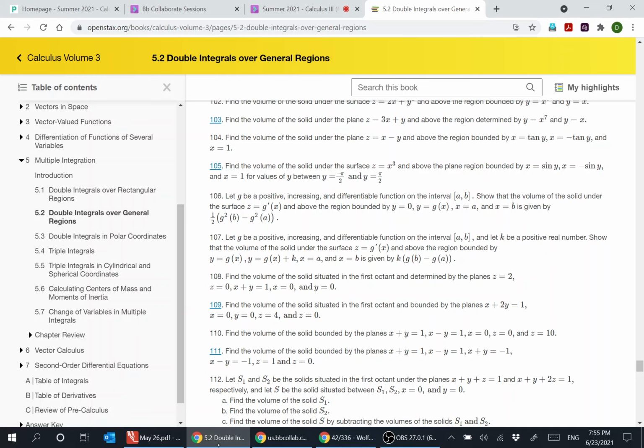110, x plus y equals 1, x minus y equals 1. The same kind of thing, these aren't really that instructive here.